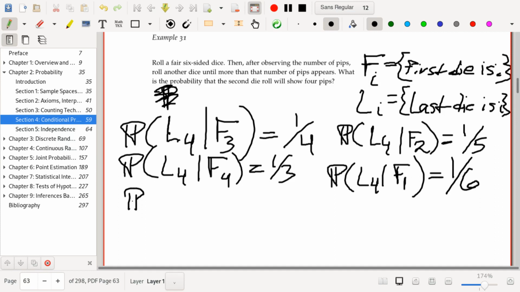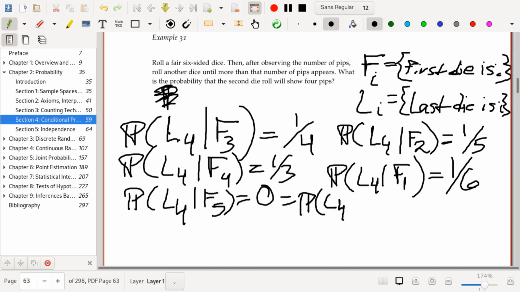Now, the probability that the last die will be 4, given the first die is 5, that will be 0, because the last die is going to be either 5 or 6. And similarly, that's going to be equal to the probability that the last die is 4, given that the first die is also 6. That's also the same thing.